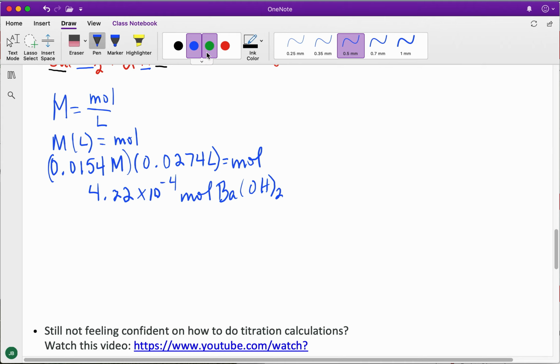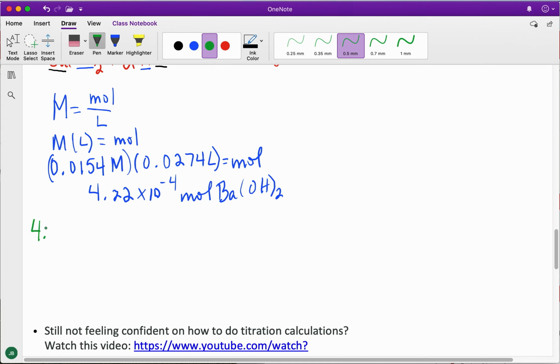So here, I'll do it in a different color. Let's take this 4.22 times 10 to the negative fourth, and we're going to use that at the beginning of our railroad tracks, and we're going to go from moles of barium hydroxide to moles of the hydrochloric.